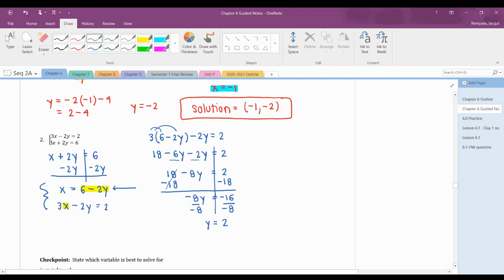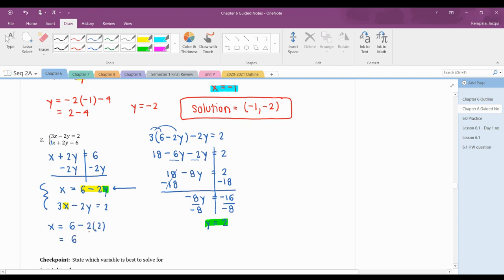But that's not my final answer. Because I know that we have y, I have to go back and solve for x. So that means I'm going to take that 2 and plug it back into the y in the equation where we have the x isolated by itself. So now we're going to have x equals 6 minus 2 times 2.